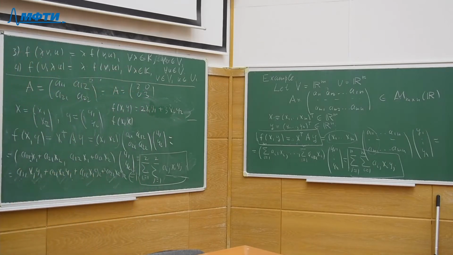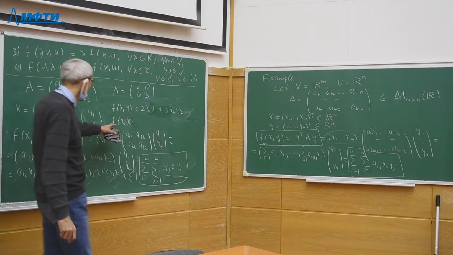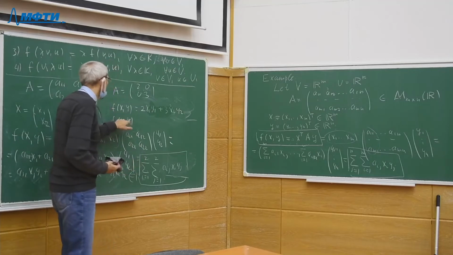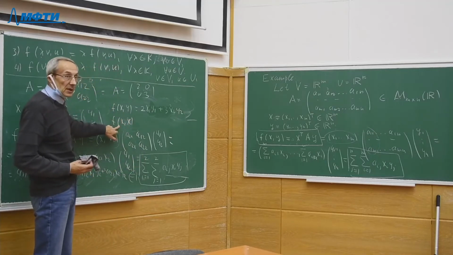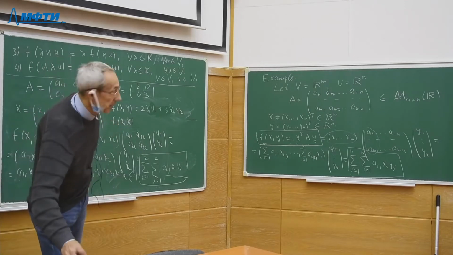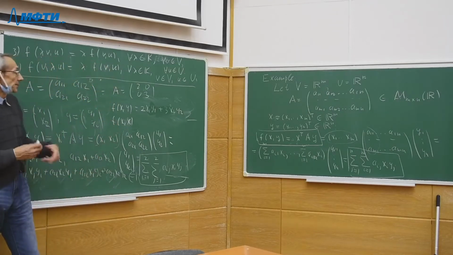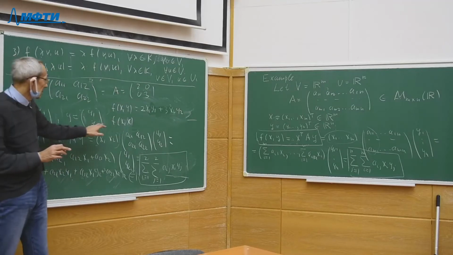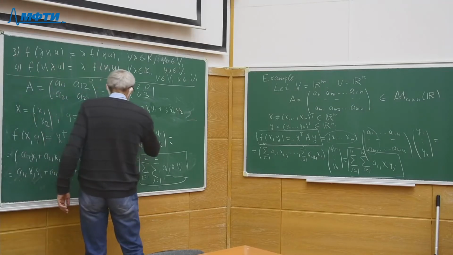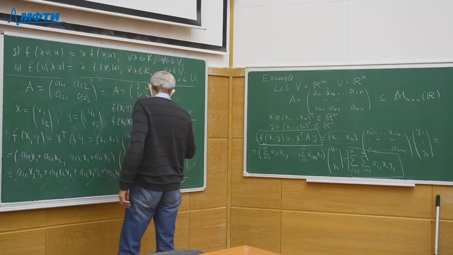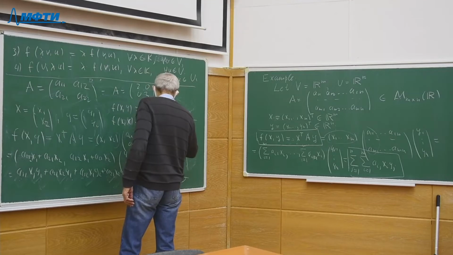If you consider the two vectors, if vector y coincides with vector x, we apply our bilinear form to the pair of equal vectors x, and we obtain the following expression: 2 x1 square plus 3 x2 square.